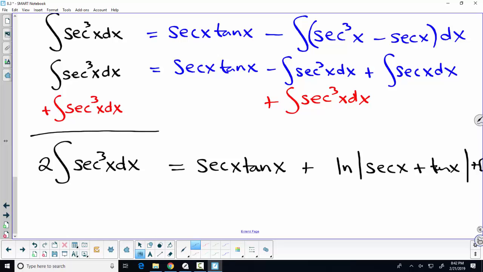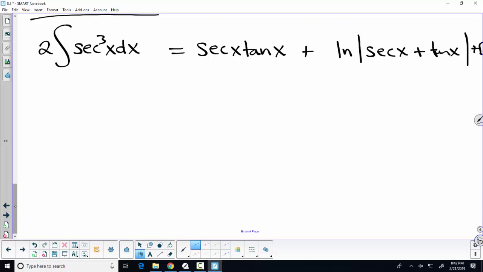Let's see. Yeah, well, once we know what the antiderivative of secant cubed is, we'll go back with the 12. I mean, we could have carried the 12 all the way through, but there's already enough going on. Therefore, antiderivative of secant cubed. I don't know if you want to write both of these times 1/2, all of it over 2, whatever.